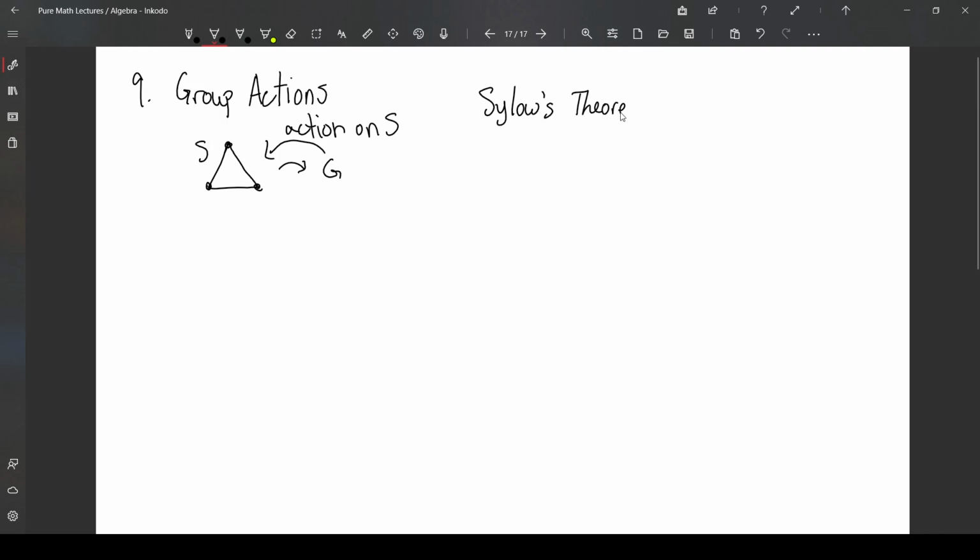What the Sylow theorems tell you is information about certain subgroups of a group based on the prime factorization of the order of your group, the number of elements. It's a very beautiful set of results. However, I'm not going to be covering this.